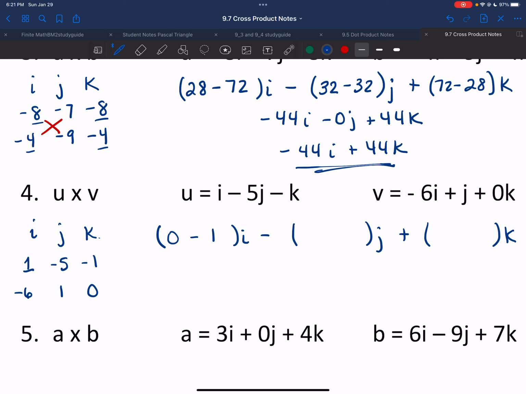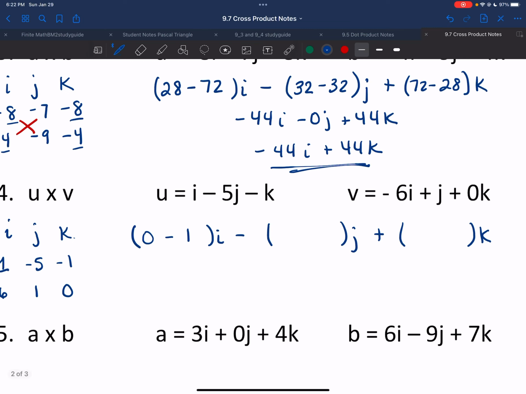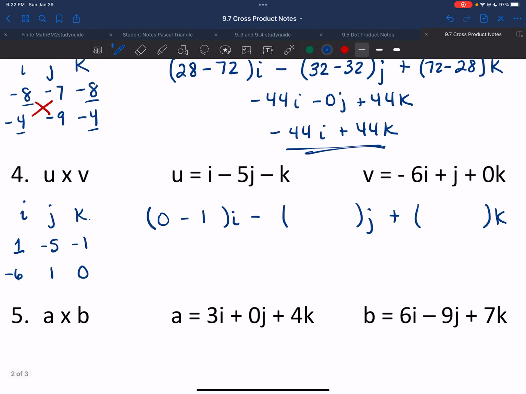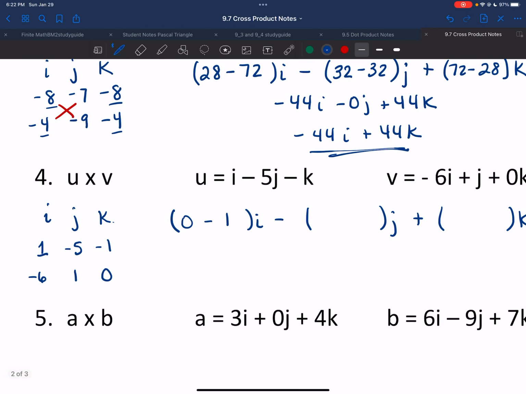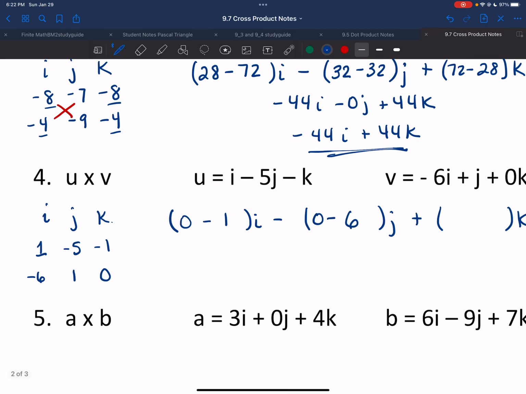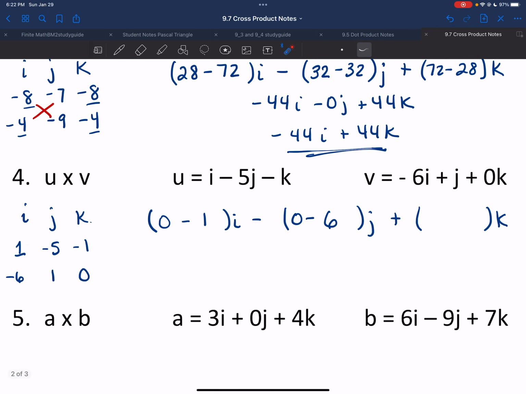And then we have these. So I have 1 times 0 is 0 minus negative 6 times negative 1, which is positive 6. And then the last two is going to be this times this.